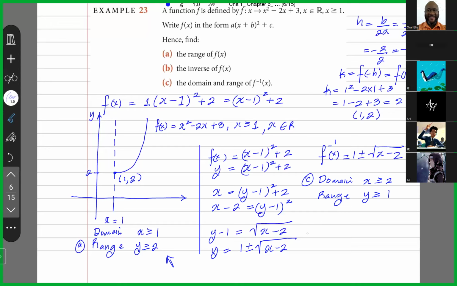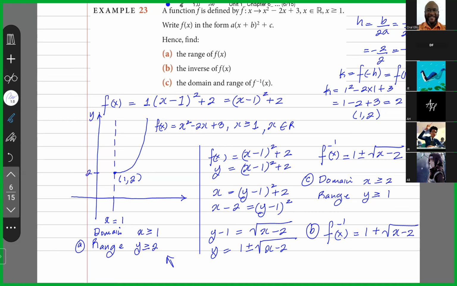And because of that, now with that knowledge, I'm going to change the answer for B to say f inverse of x is equal to 1 plus the root of x minus 2. And the basic reason for that is the range.